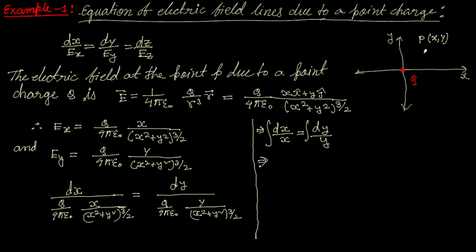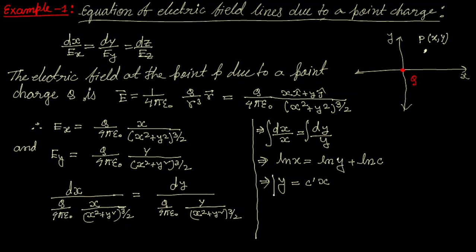If we integrate, we'll get ln x is equal to ln y plus some integration constant. In this case, we can write ln c, where c is some integration constant. So from here we'll get y is equal to some constant c prime into x, where c prime is 1 by c.